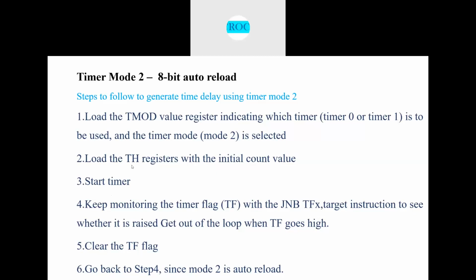After that, you clear the overflow flag and go to step 4, since it is an auto reload mode. So the TL register will again be loaded with whatever value you have in the higher byte register. This is the process you need to follow in order to generate the delay using mode 2.